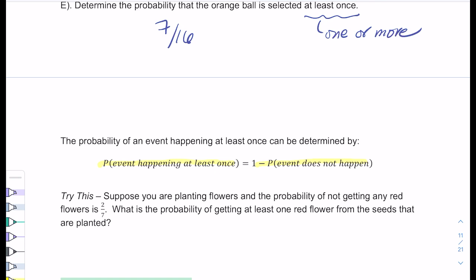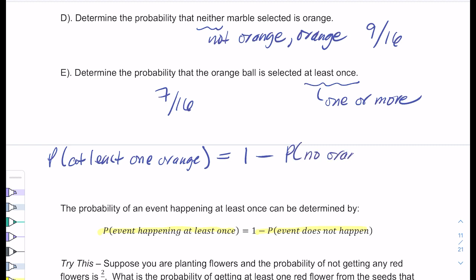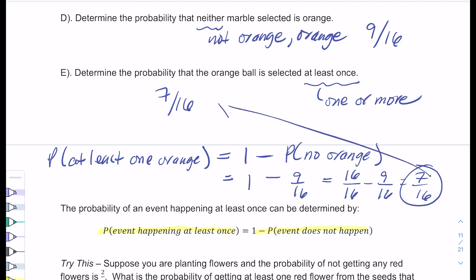So if we look back at the last problem we did, letters D and E, if I want to find the probability that you get at least one orange, all we're going to do is take 1 minus the probability that we get no orange. So remember, the probability you don't get an orange is 9/16. And 1 minus 9/16 is just 16 over 16 minus 9 over 16, which is 7 over 16. You get the same answer.